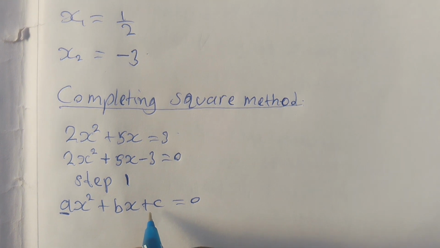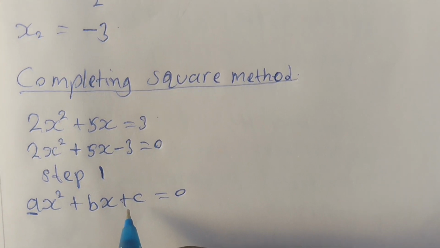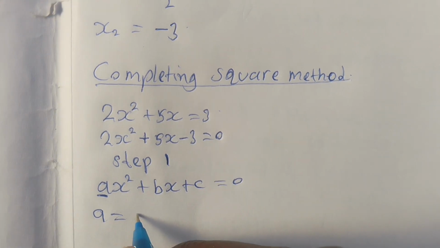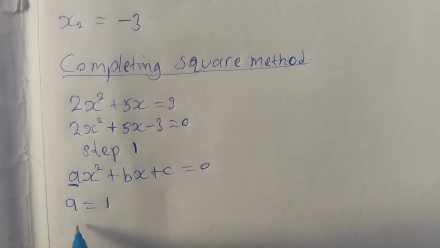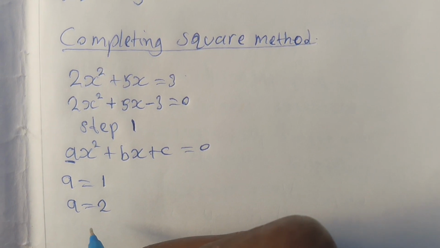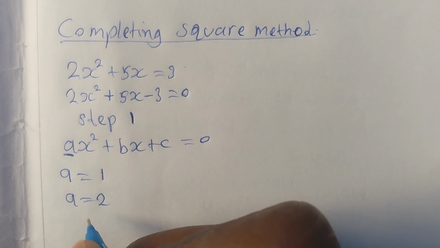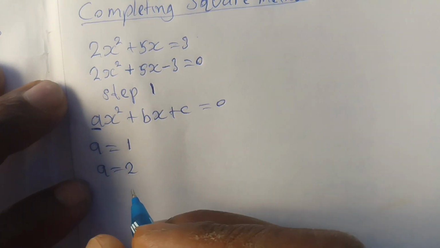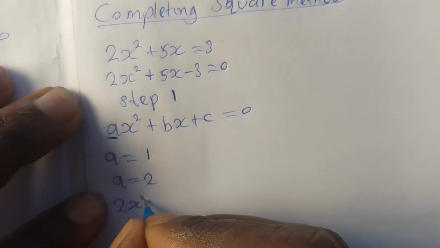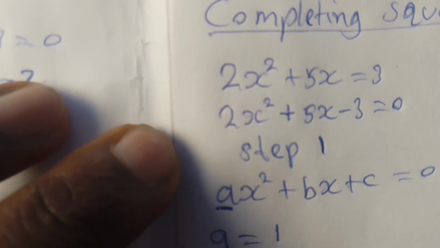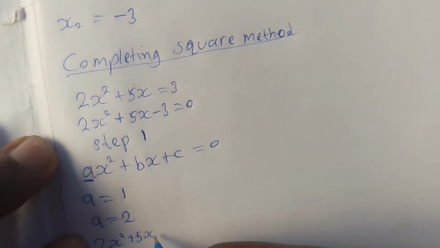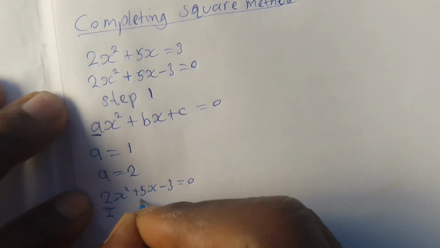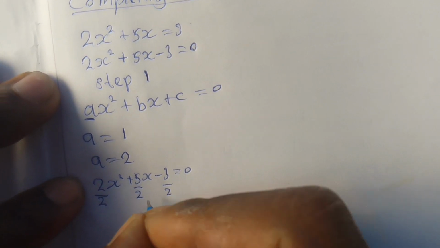So in our case, while using the completing square method, step 1: make a equal to 1. For our case, a is equal to 2. So how will you make a equal to 1? By dividing all the sides by 2. So for 2x squared plus 5x minus 3 is equal to 0, divide this by 2, divide this by 2, divide this by 2.